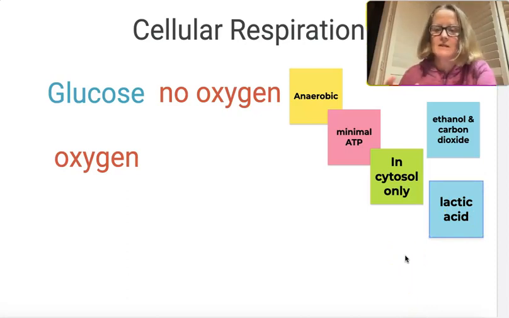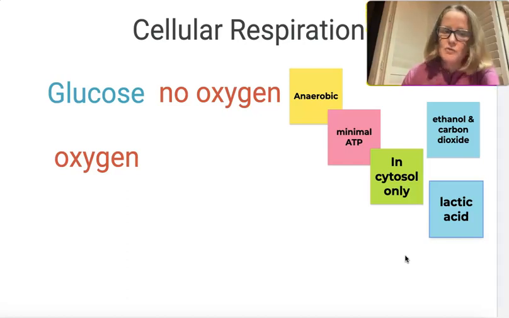And both of these blue products, the ethanol and the lactic acid, still have quite a lot of stored energy in the molecules themselves. They have not been completely broken down, so that glucose has not been completely broken down because there wasn't enough oxygen to do that.